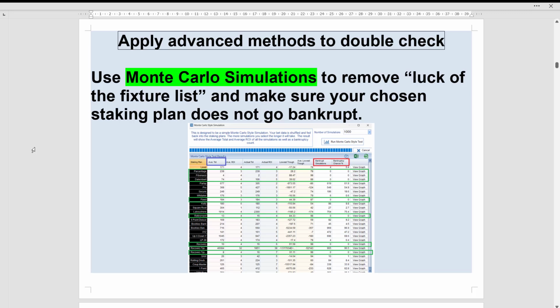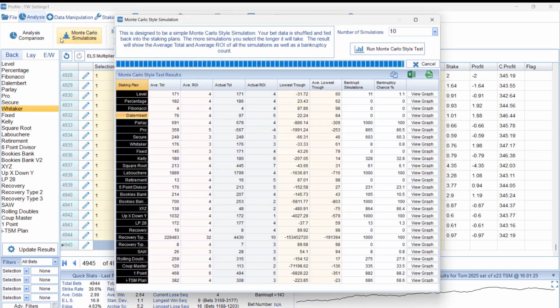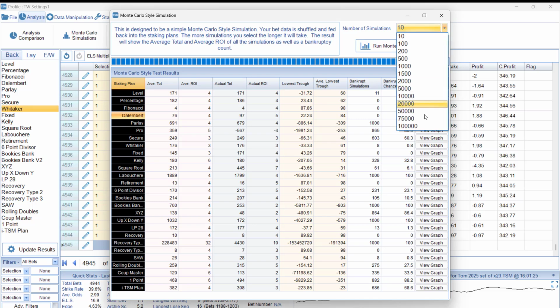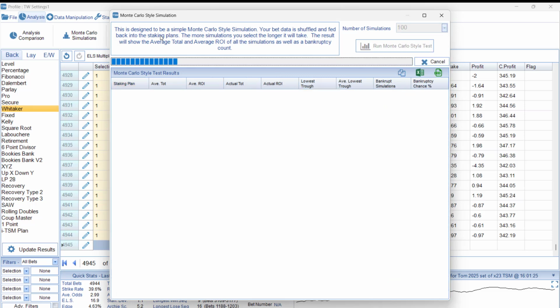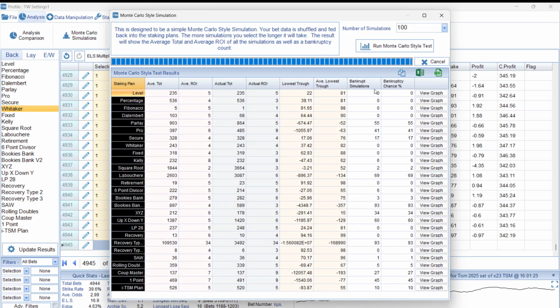So this is one of the really useful things about the staking machine, is that you can do these Monte Carlo simulations. And you go here and you can choose how many you want to do, from just 1,000 to 100,000. And this could take a really long time if you choose a lot. And if you choose a small number, just 100, it doesn't take that long at all. And that's shuffling the order of the bets 100 times.